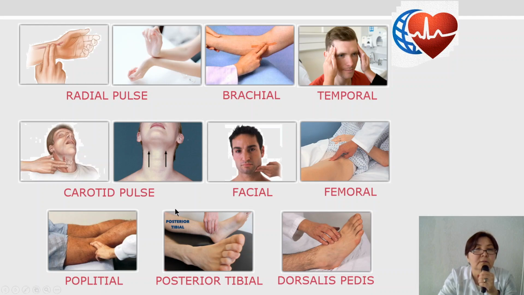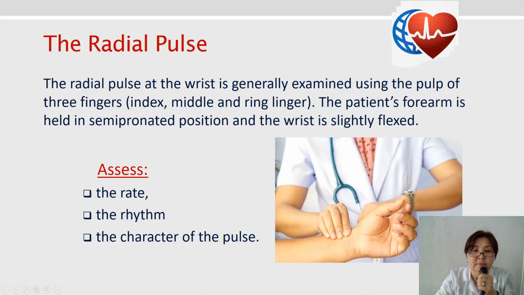Here, this pulse we should examine: radial pulse, brachial, temporal, carotid pulse, facial, femoral, popliteal, posterior tibial, and dorsalis pedis. The radial pulse.